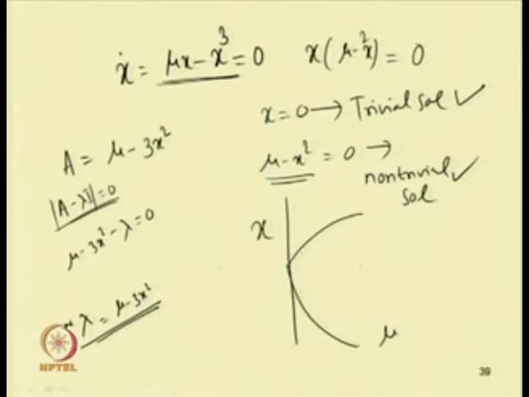So, we can have a 0 line, and we can have this other line also. So, we can plot this line, the trivial and non-trivial states. This is the trivial state x equal to 0, and this curve becomes x equal to non-zero, for mu x minus x cube. So, now this is the solution.